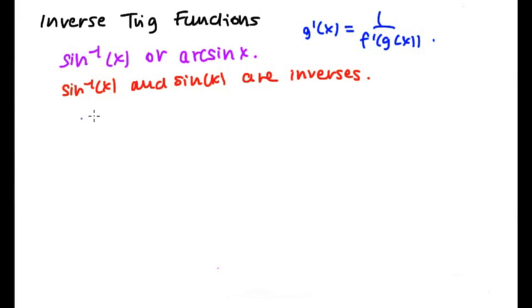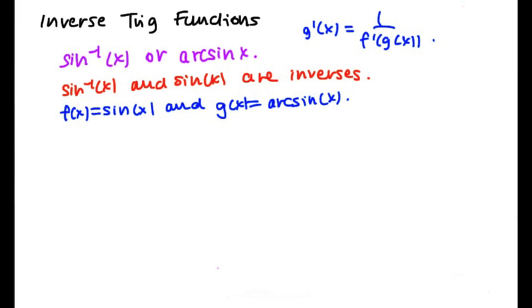So if f of x equals sine of x and g of x equals arc sine x, then the derivative of arc sine x is going to be equal to 1 over what's f prime of x? It's cosine x, right? So cosine, but instead of x, we're going to write g of x, which is arc sine x.